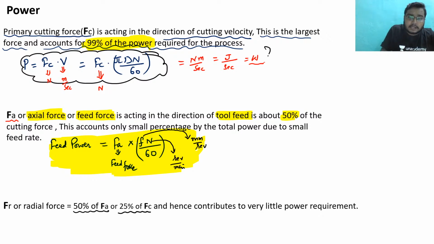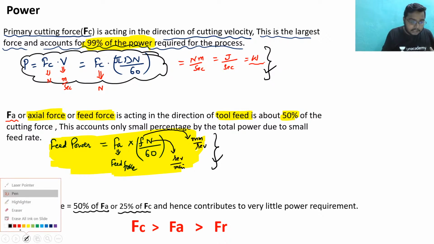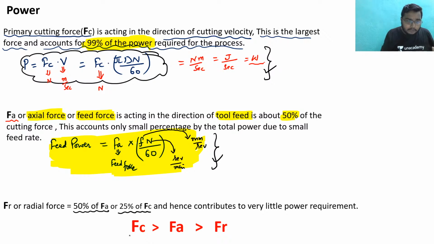So if these things are clear to you, there is a very good relation that we have got. Cutting force is always going to be greater. The next immediate smaller force than the cutting force is Fa, and Fa can also be written as feed force.